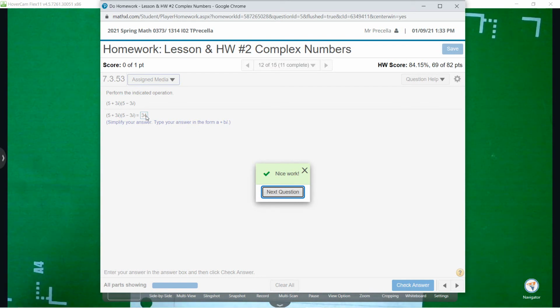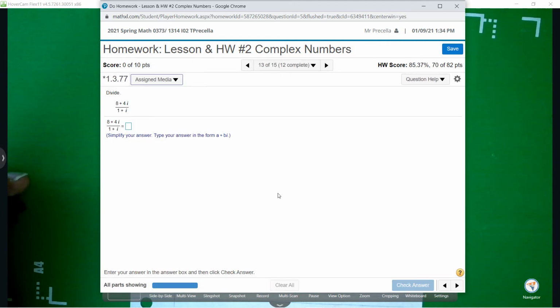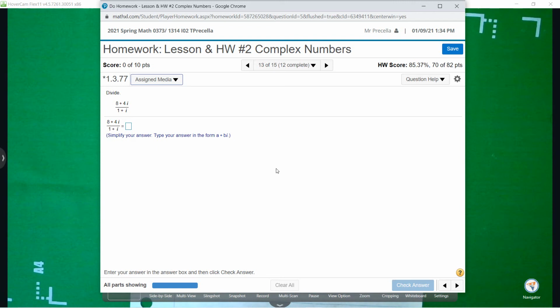Now, we've added, subtracted, multiplied. What do y'all think's the next thing we're going to do? We're going to divide complex numbers. Not a lot of applications of complex numbers at the elementary level, but eventually any future electrical engineers, you're going to see a lot of stuff with complex numbers.